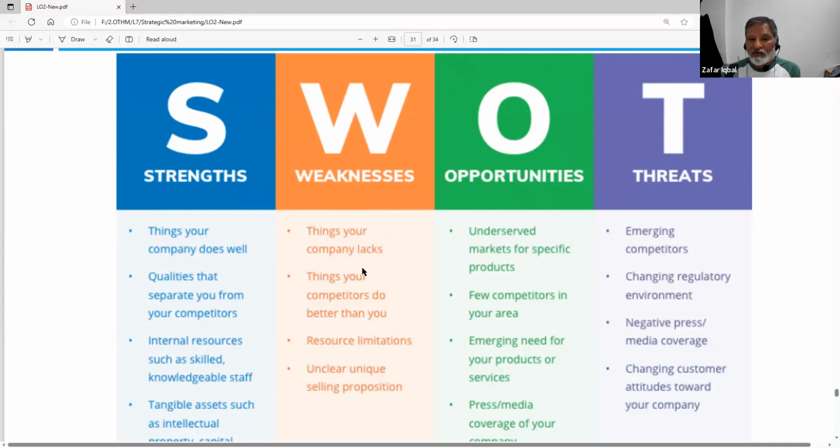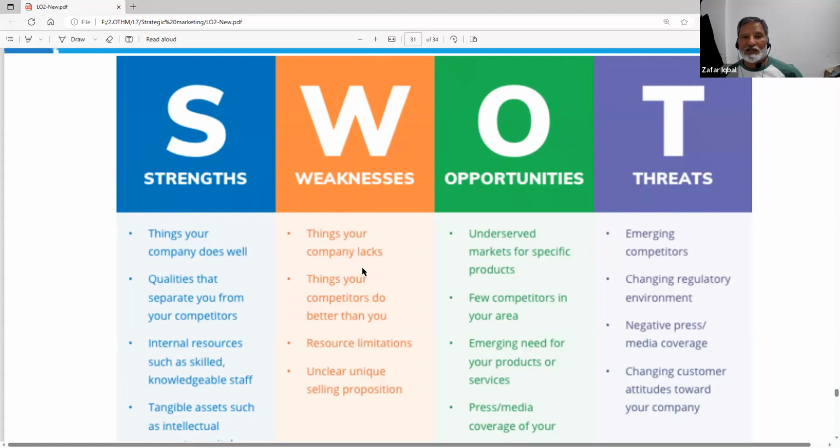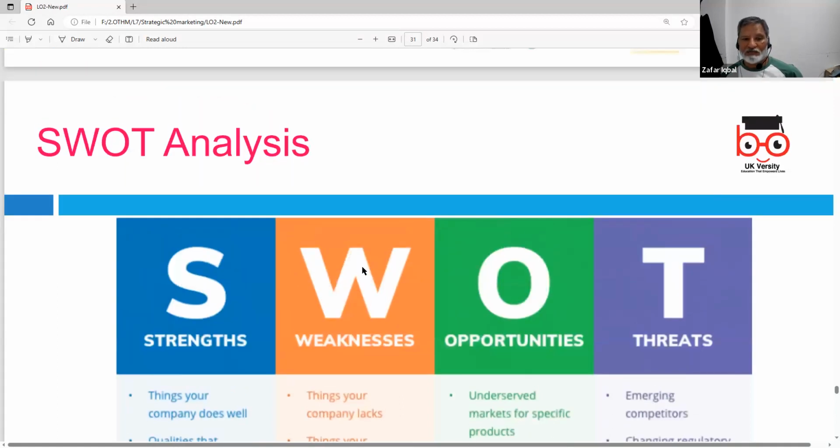So we can change our weaknesses into, for example, opportunities, or into strengths. So we want to determine the things that the company lacks. Okay, so we can do a SWOT analysis to determine the internal capabilities of the company.